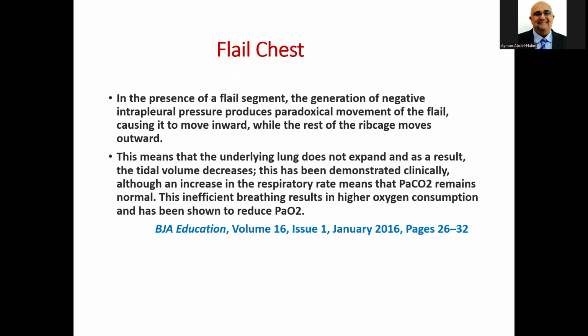This means that the underlying lung doesn't expand, and as a result, the tidal volume decreases, and this has been demonstrated clinically, although an increase of the respiratory rate means that PCO2 remains normal. This inefficient breathing results in a higher oxygen consumption and has been shown to reduce the arterial oxygen tension.